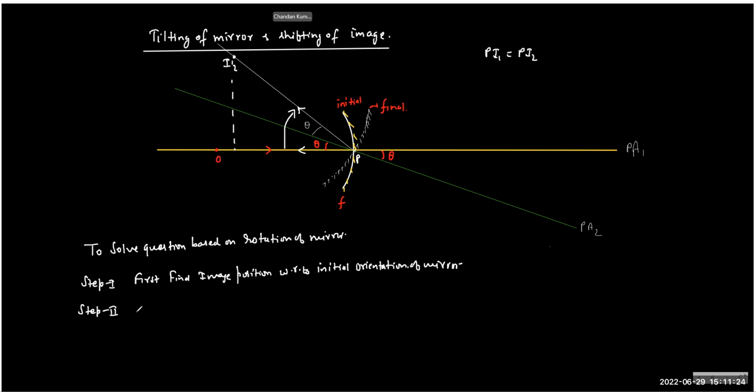And step 2 is then shift the image by rotating it by 2 theta, where theta is the rotation of the mirror. And if you want to find the answer back on the principal axis 1, you can take the projection.